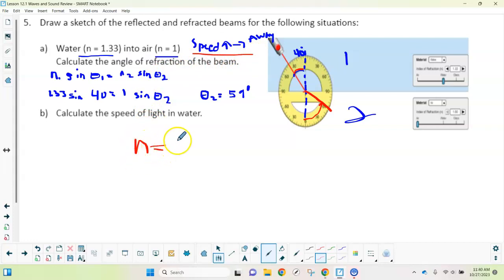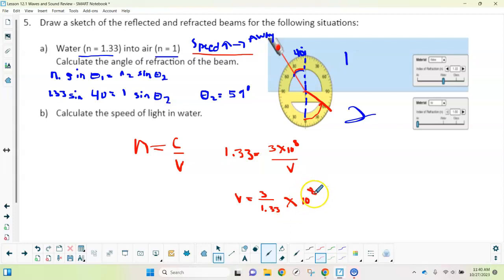To calculate the speed of light in water, n is equal to c over v. So v is the speed of light in that medium, and we're going to solve for that. So it would be 1.33, because that's the index in water, equals the speed of light, which is 3 times 10 to the 8th meters per second, over v. So we cross multiply and solve: you take 3 and divide it by 1.33, and then multiply that number by 10 to the 8th.